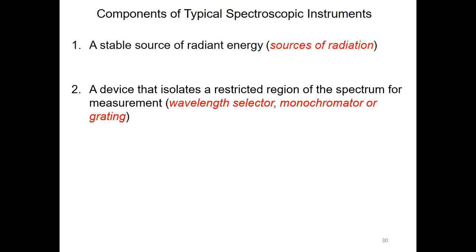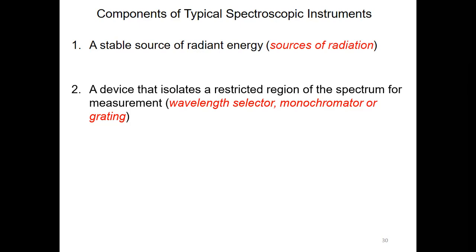So if we talk about the spectrum, the source might have different regions of wavelength. It will emit a relatively large wavelength range, but we may not be interested in that entire range. In that case, there should be a way to select the desired wavelength range.